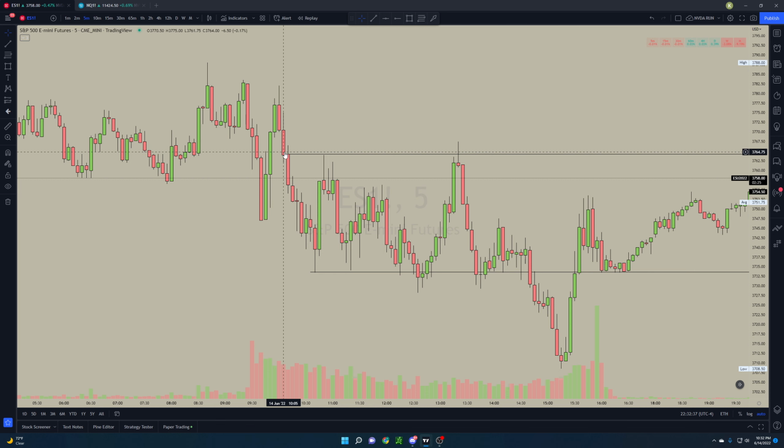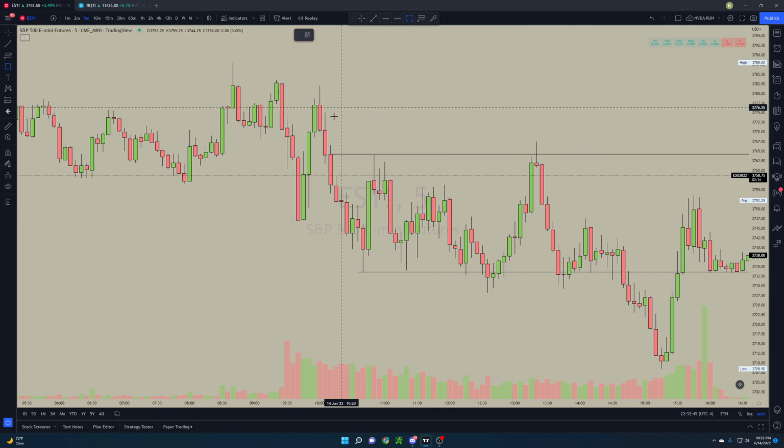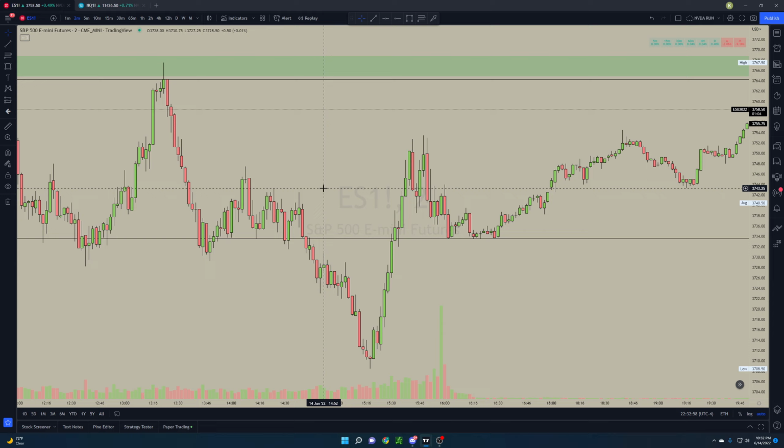Yeah, it was this right here. So, this was a pretty stupid trade, to be honest with you. We had a fair value gap right here from this high to this low, so I was anticipating a bounce off that fair value. Actually, I think I was down in time frame.